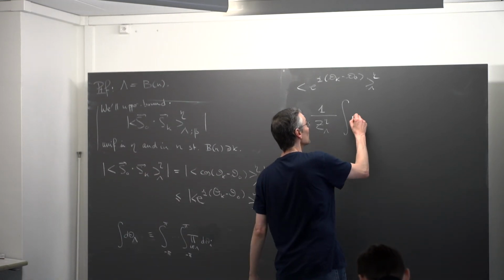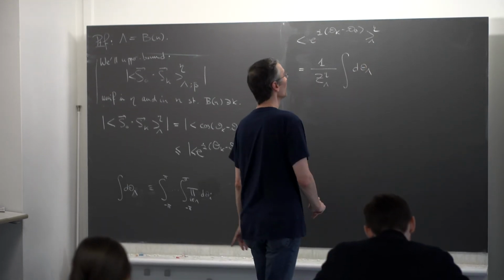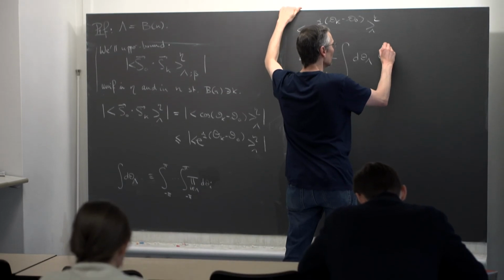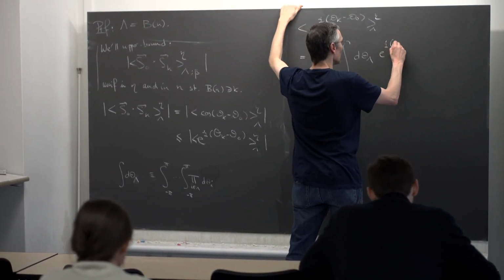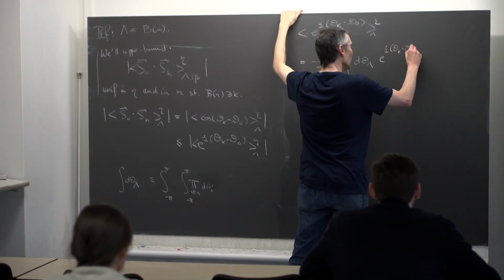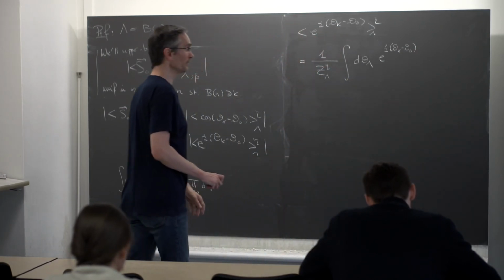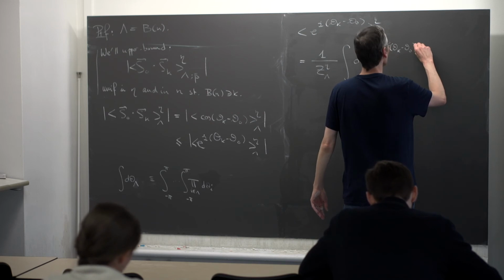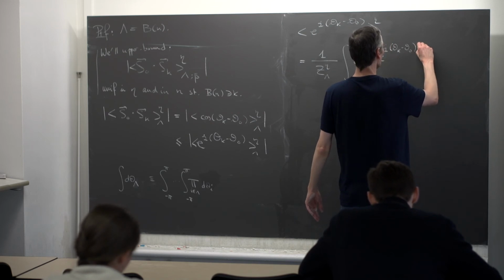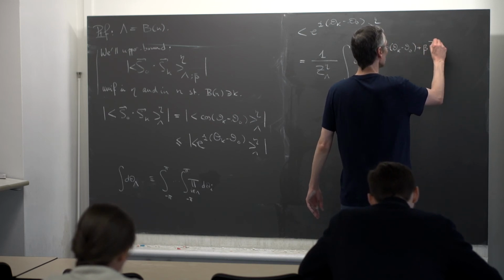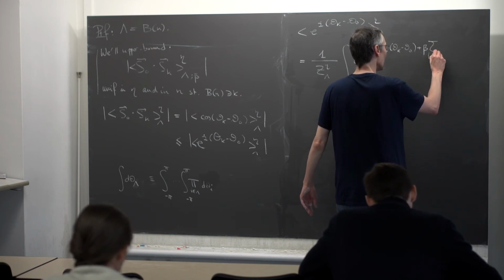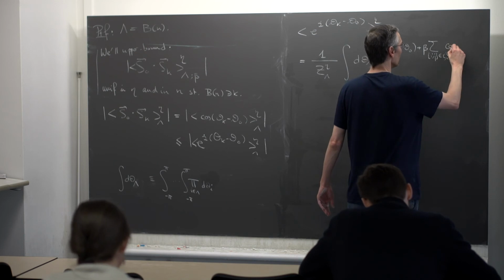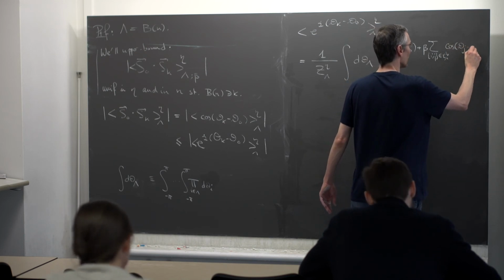So d theta lambda, and then we get e^{i(theta k minus theta 0)}. And then we get minus the Hamiltonian, which will give you plus beta sum over all ij in E lambda b of cosine of theta j minus theta i.